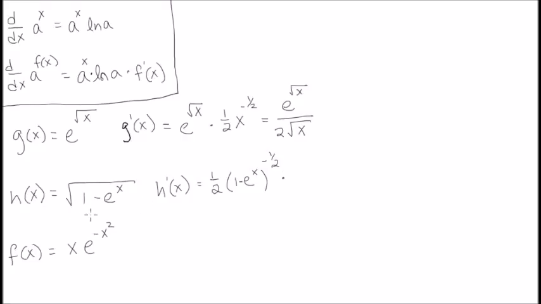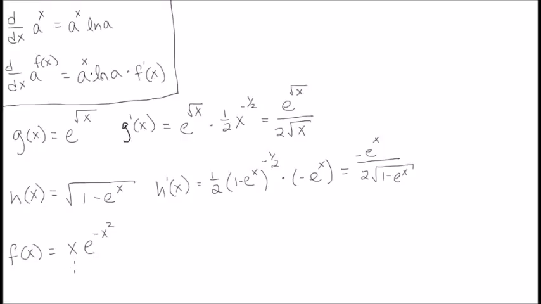The derivative of 1 is 0. The derivative of negative e to the x is negative e to the x. So if we finally simplify that out a little bit, we get negative e to the x over 2 times the square root of 1 minus e to the x.